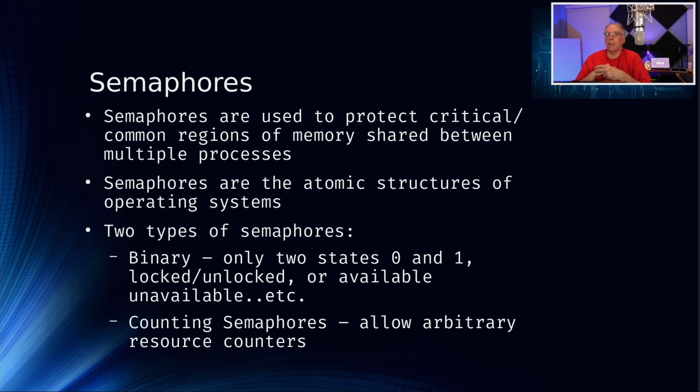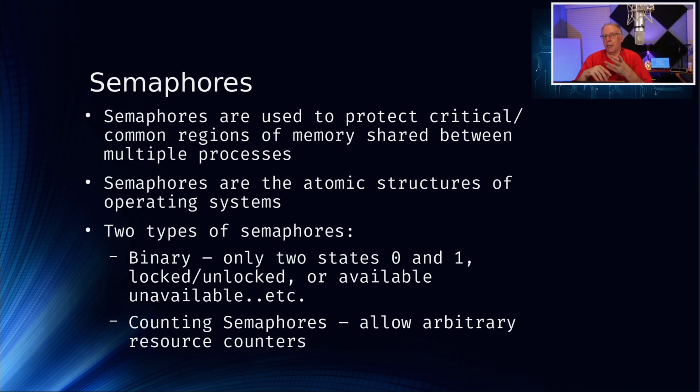They are, in fact, not only part of the operating system, they are the most atomic piece, that is the lowest level of the operating system, because as programs are being loaded and data is being loaded, and then it's being torn down again once the program leaves, semaphores are what is used to protect that region of memory from being overwritten by something else.